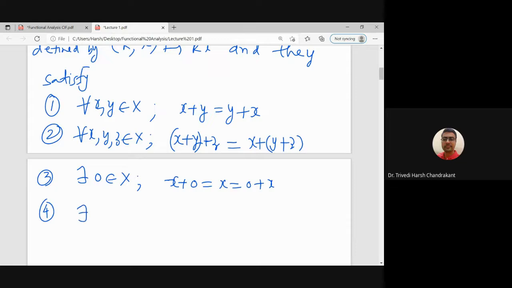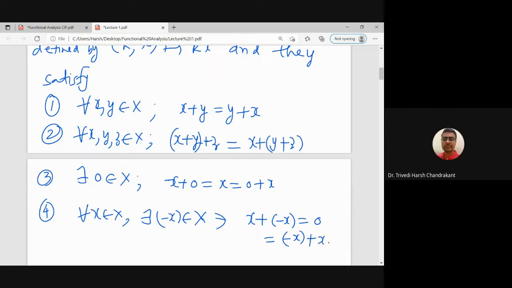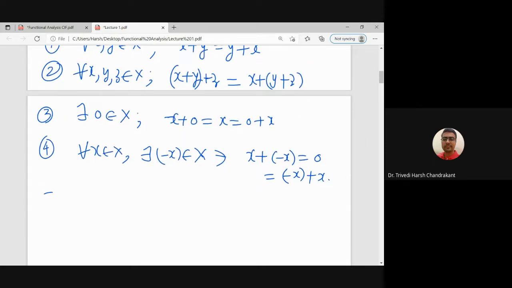Then for each x, there exists a negative element, so that x plus minus x equals the zero element equals minus x plus x. Right. So all the real numbers, complex numbers, Rn, Cn satisfy these properties.